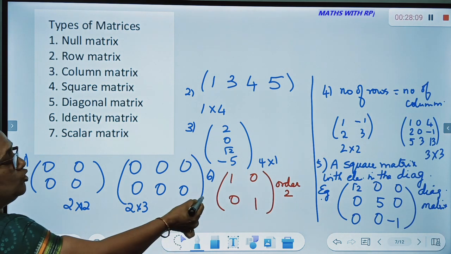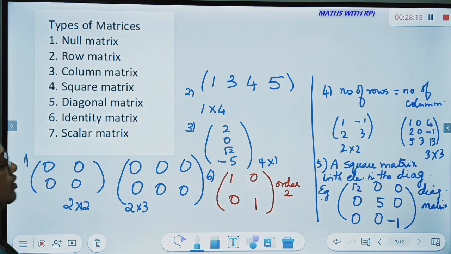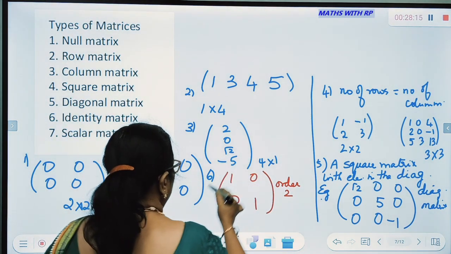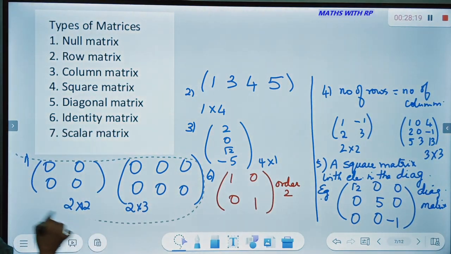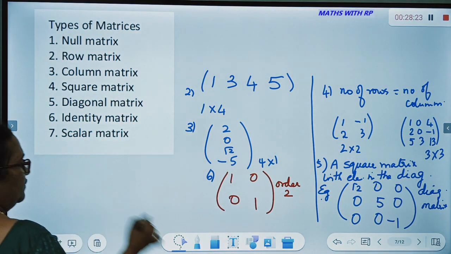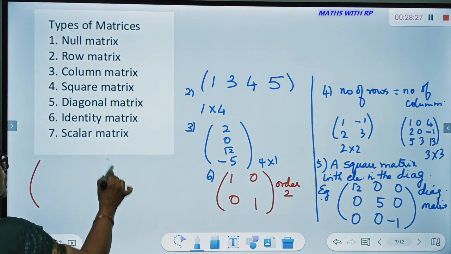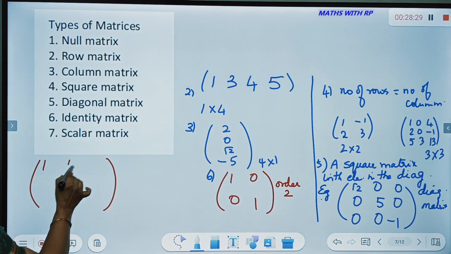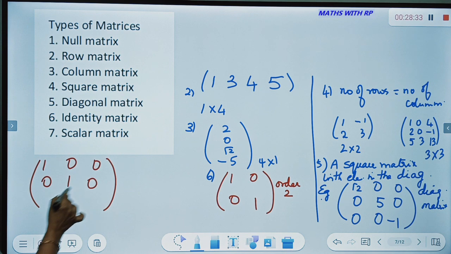So what will be a square matrix of order 3? 1, 0, 0, 0, 1, 0, 0, 0, 1.